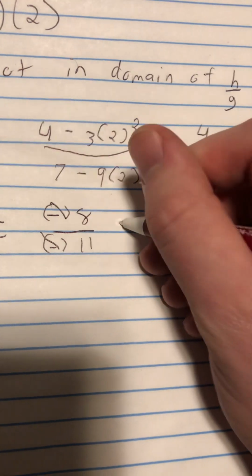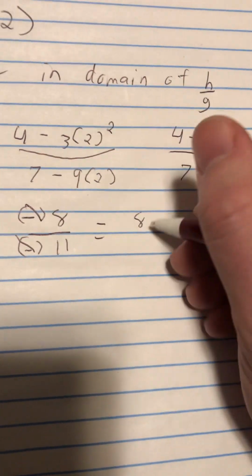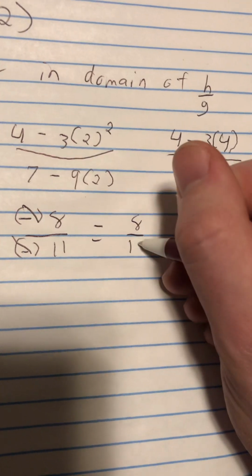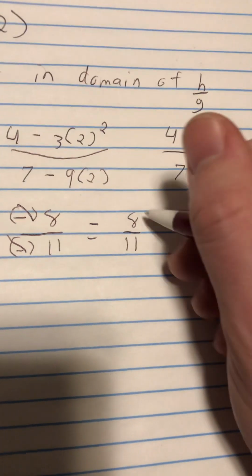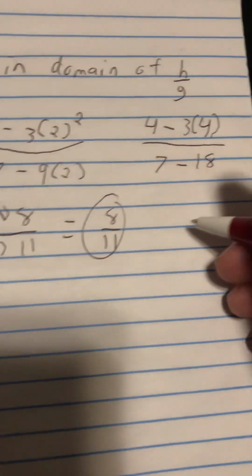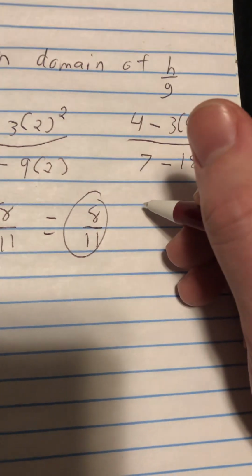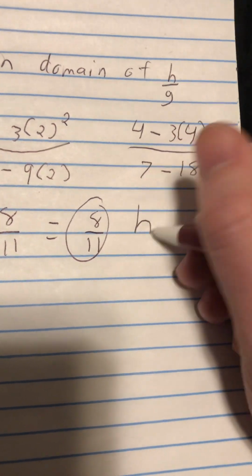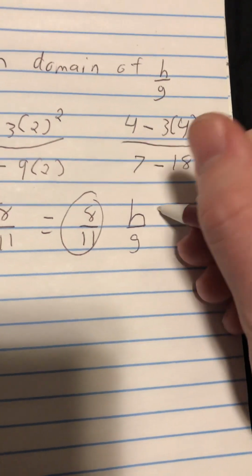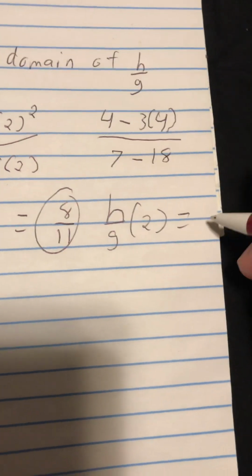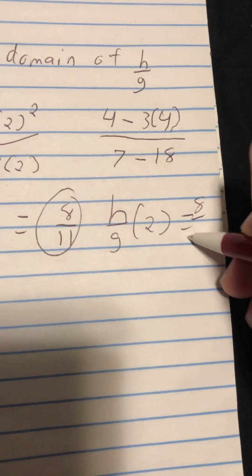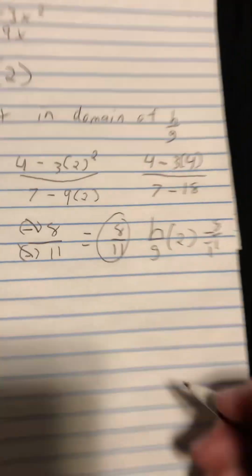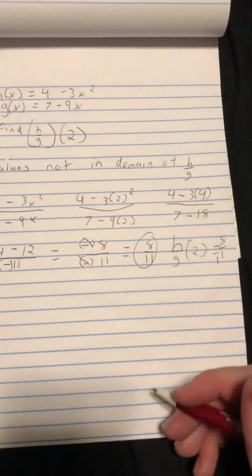So in the end, our solution is actually positive 8 over 11. And that is going to be the answer to that first one, which is basically just h over g of 2 is equal to 8 over 11. So that's the first part of that question.